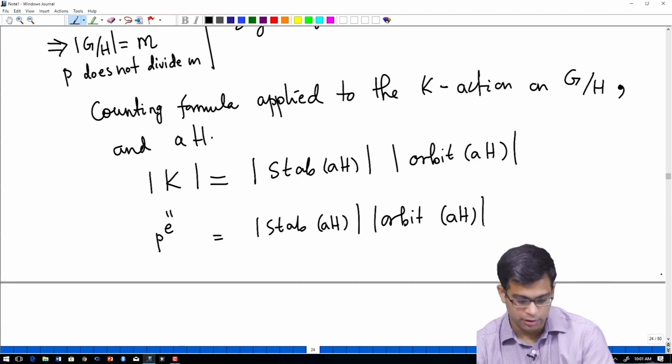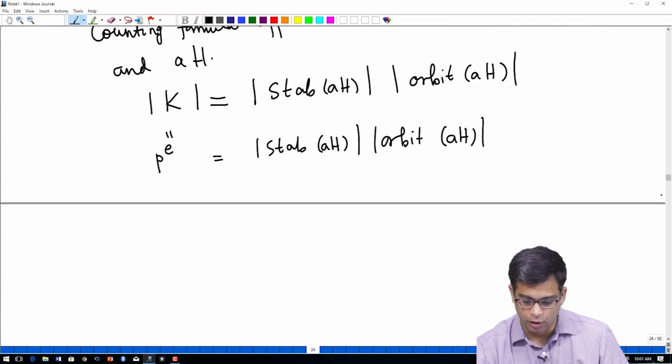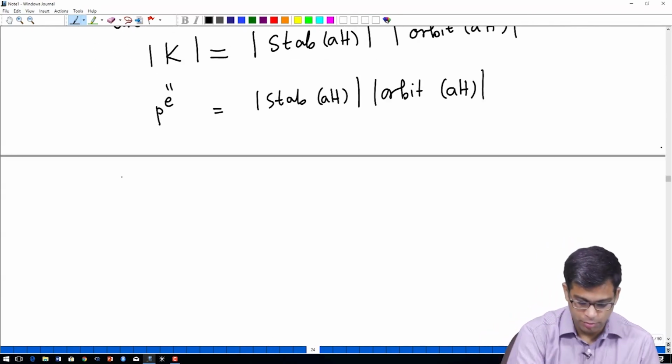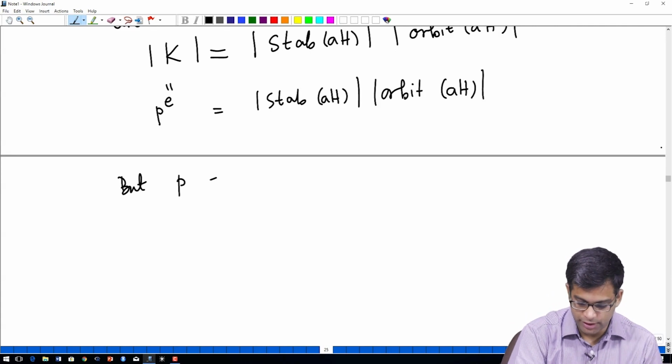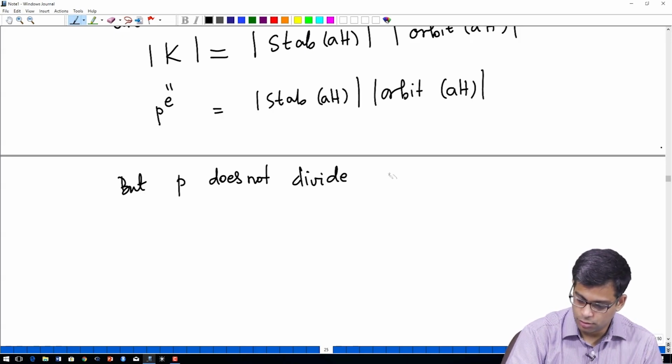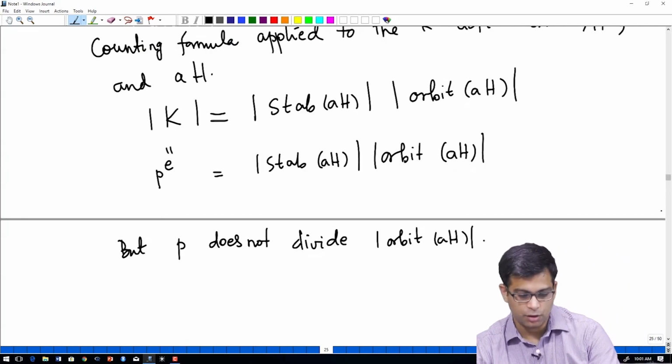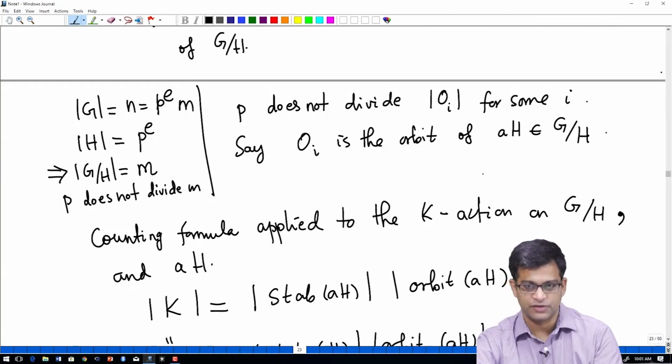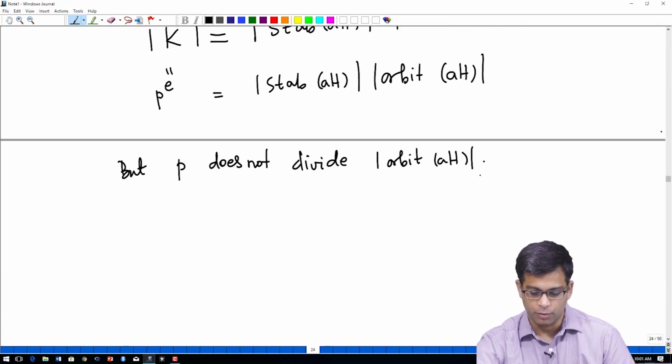But remember what we have here: p does not divide the order of the orbit of aH, because that is how we chose it. p does not divide the order of some orbit and we called it the orbit of aH.